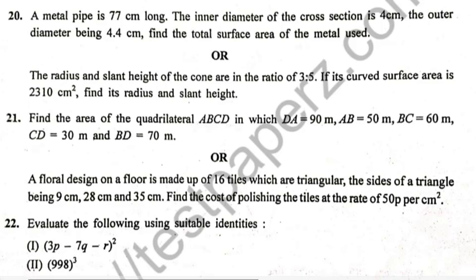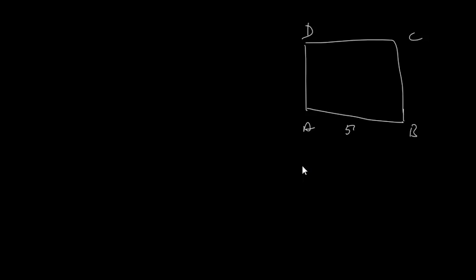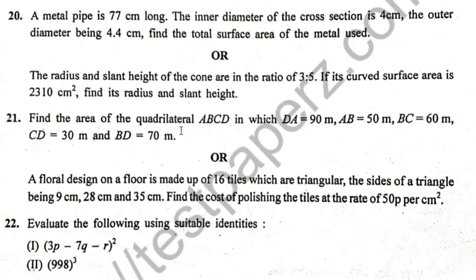So here, quadrilateral ABCD, let us draw one quadrilateral ABCD. Now what are the different lengths? DA is 90, AB is 50, BC is 60, CD is 30, and last one more, BD is 70.